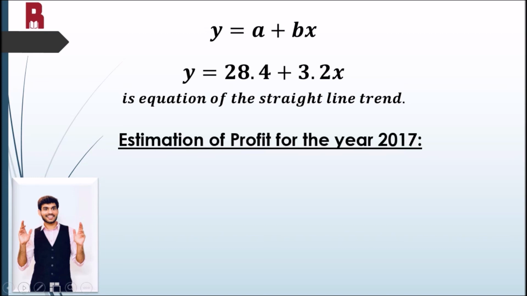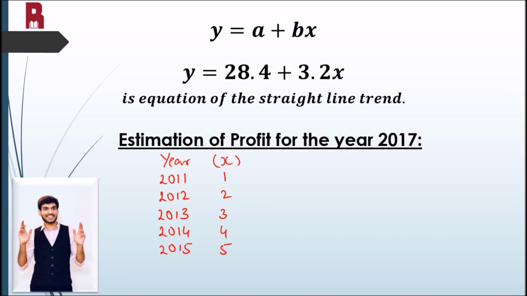So the next part of the question, which says estimation of profit for the year 2017. Now again, if you remember, our table had two columns, year and the x column. Year was from 2011 to 2015, and we had given the values in the x column as 1, 2, 3, 4 and 5.